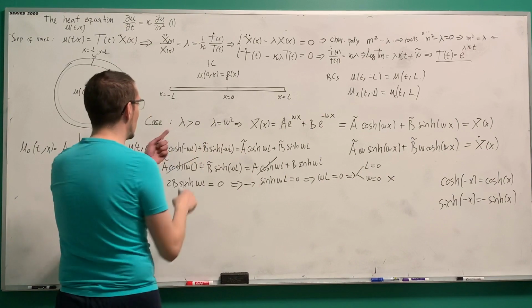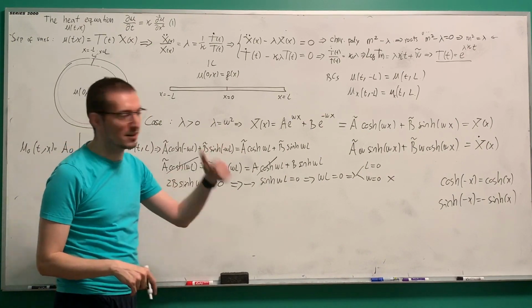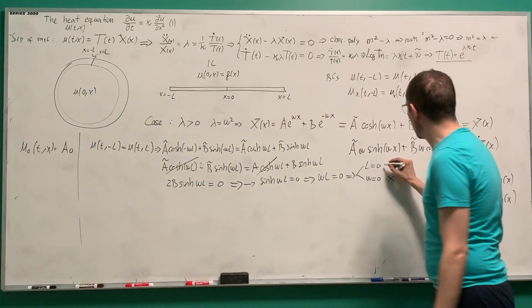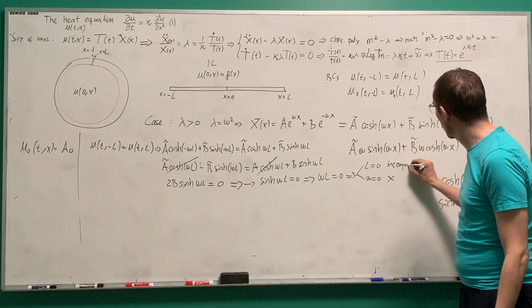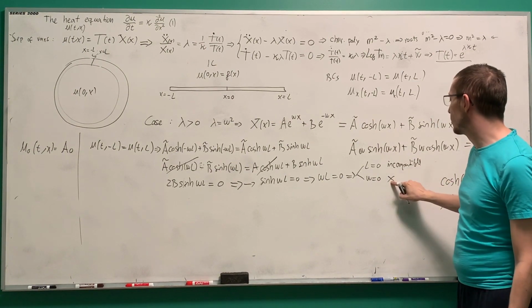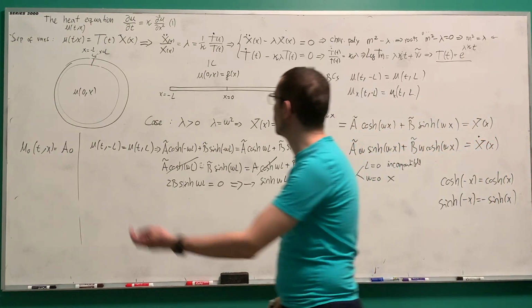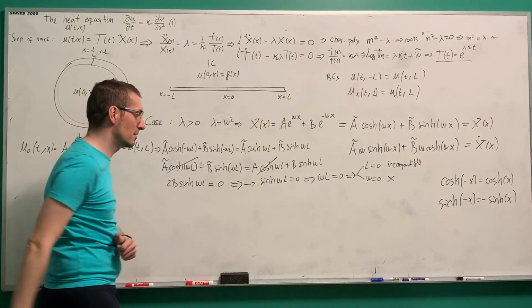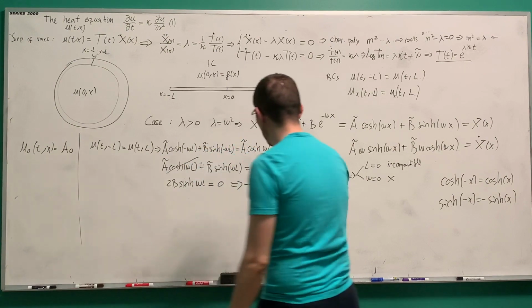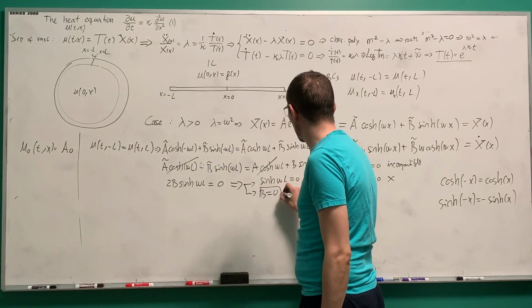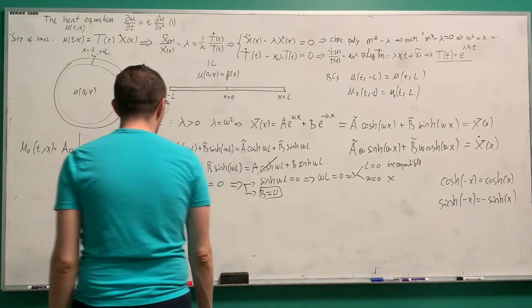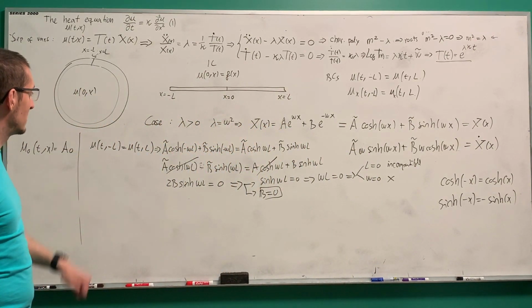We are in the case that lambda is greater than 0, so omega squared is greater than 0, it cannot be. And this one is incompatible with the fact that we have a finite extension. So the other option is that b is equal to 0. That's the one we have to take. Wonderful. That simplifies the equations a bit.